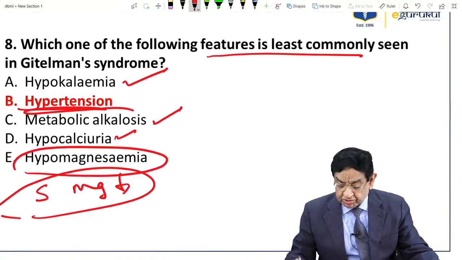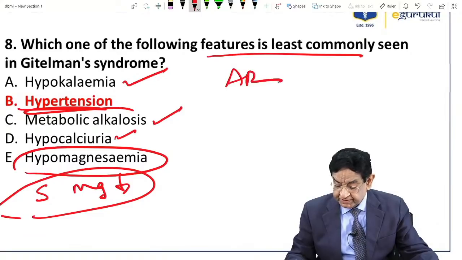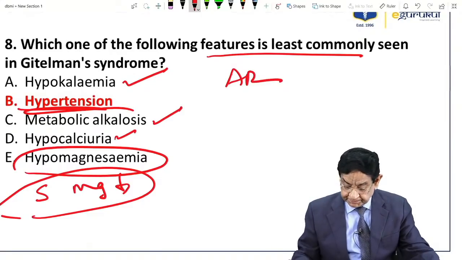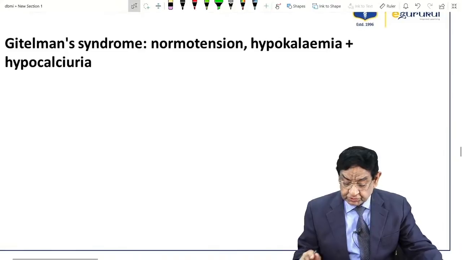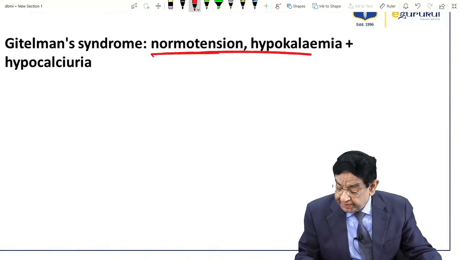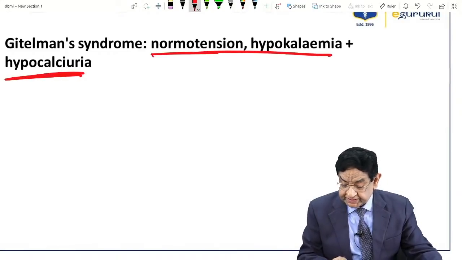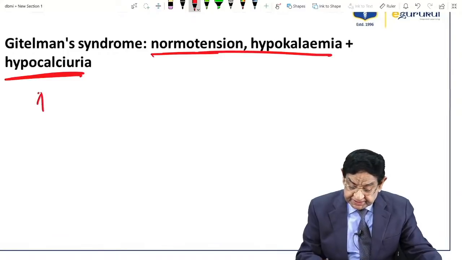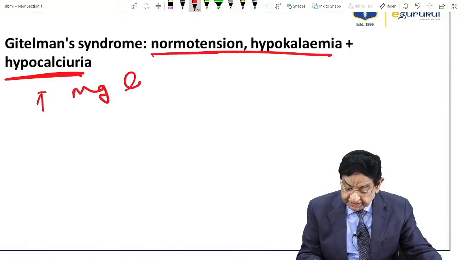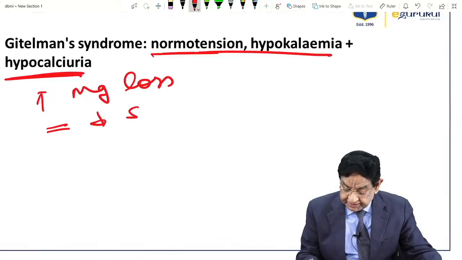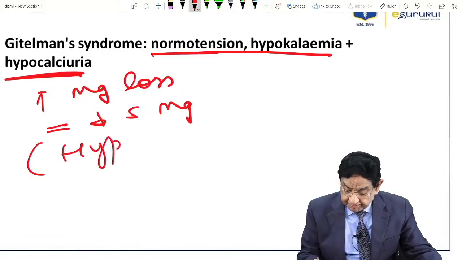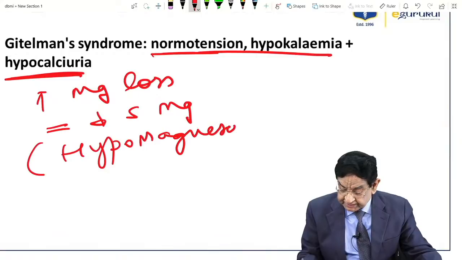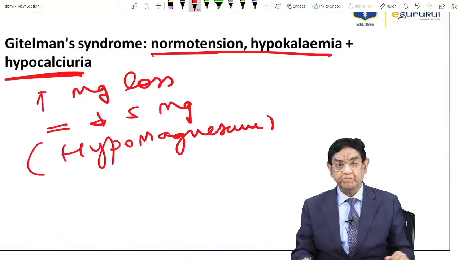This is again an autosomal recessive condition, right? So in Gitelman syndrome, normal BP, hypokalemia and hypocalciuria, but increased magnesium loss in the urine, and that leads to low serum magnesium level, so-called hypomagnesemia. Hypomagnesemia is the feature. Right, sir.